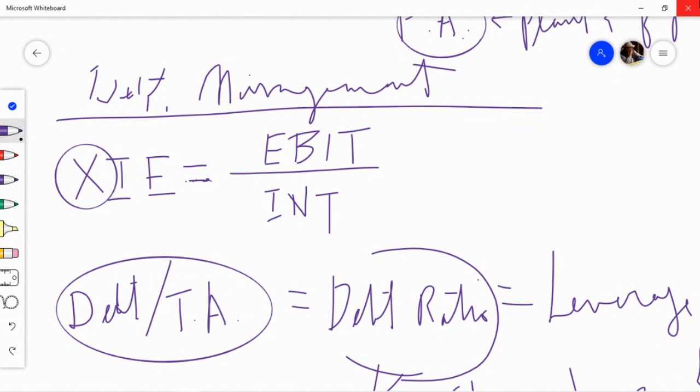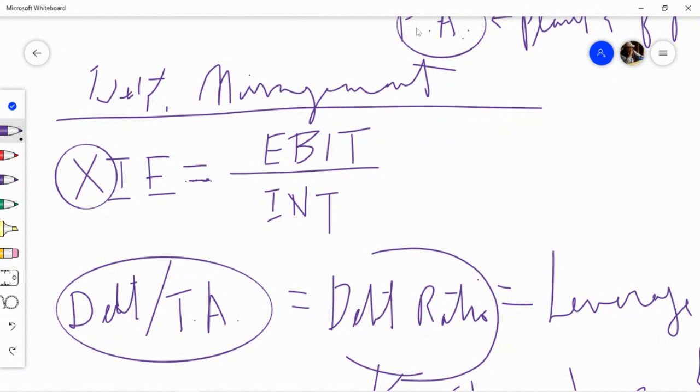So what does it have to do with time? Is there a time frame for this?